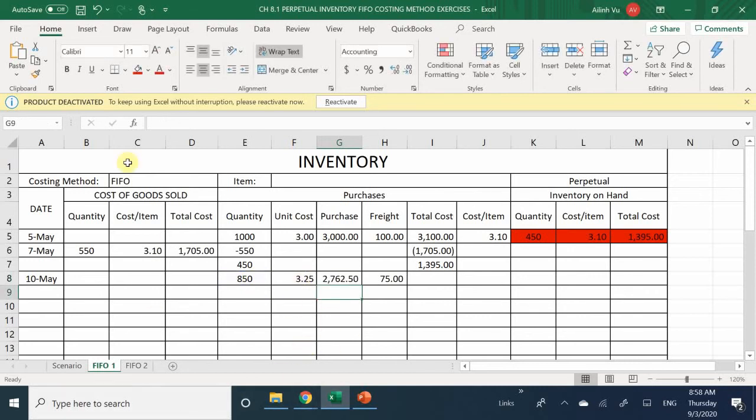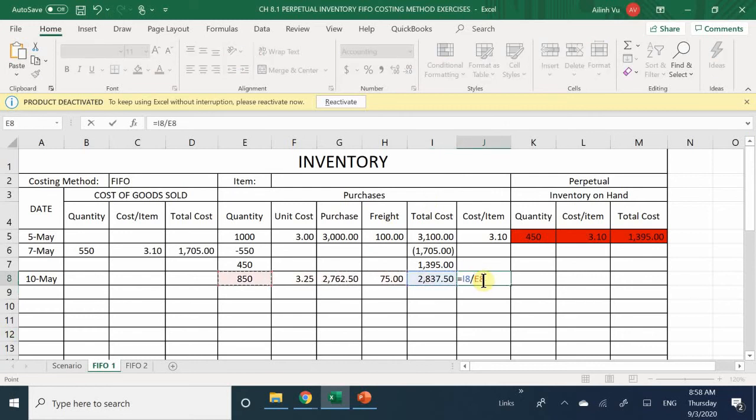So what did you get? 8,27,62.50 plus 75, plus 28,35, 28,30, 37.50. Good. Now, how do I find my cost per item?